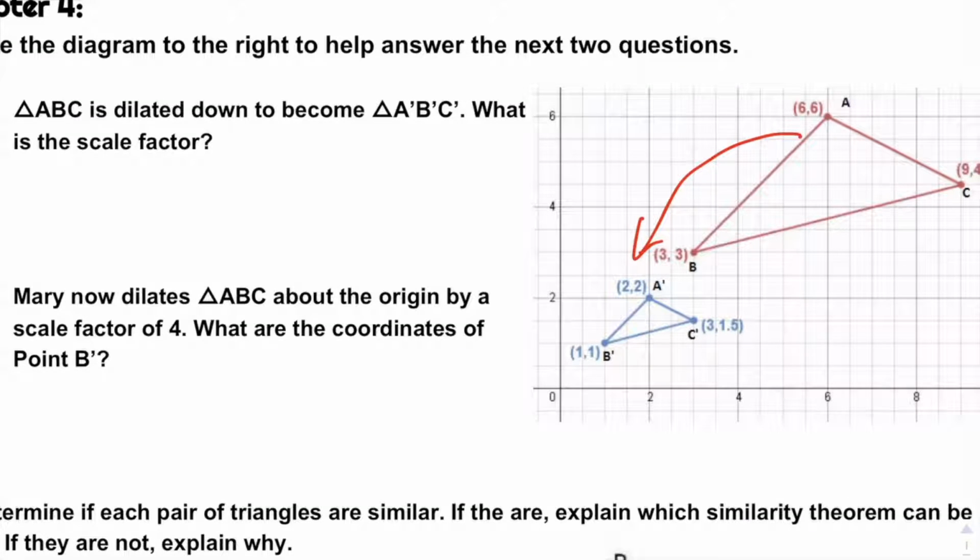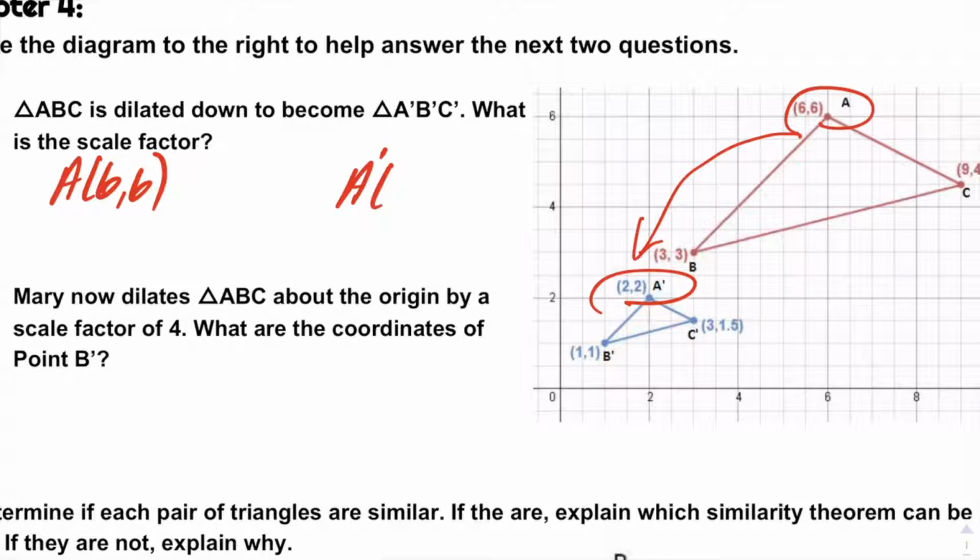So let's just pick one point. Let's pick the point A, this one, and then A prime. So if we know A is 6, 6, and we know A prime is 2 and 2, well, 6 times what?